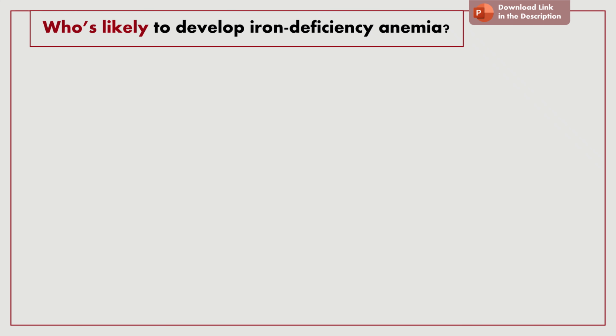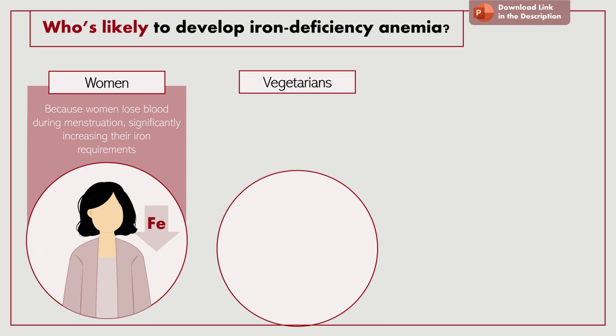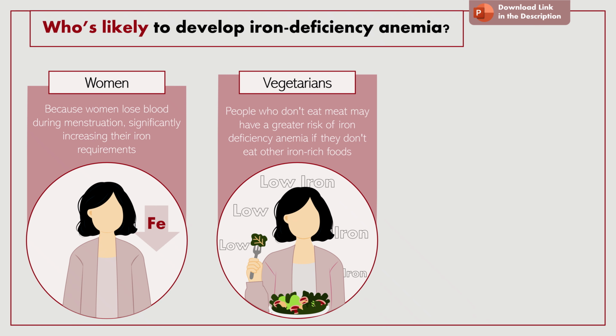Certain populations face elevated risks of developing iron deficiency anemia. Women of reproductive age are particularly vulnerable due to monthly blood loss during menstruation, significantly increasing their iron requirements. Vegetarians and vegans may also be at risk unless they consciously incorporate plant-based iron sources and enhancers of iron absorption, as non-heme iron from plants is less bioavailable than heme iron from meat.